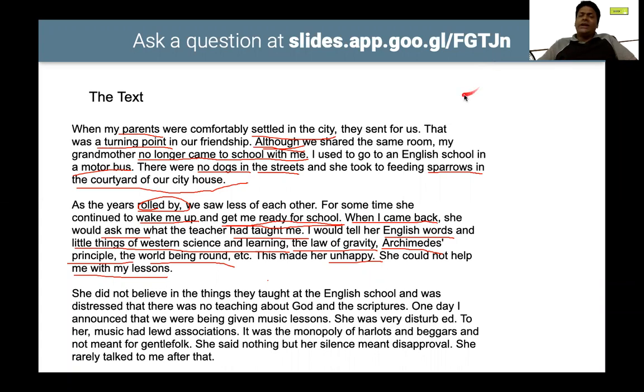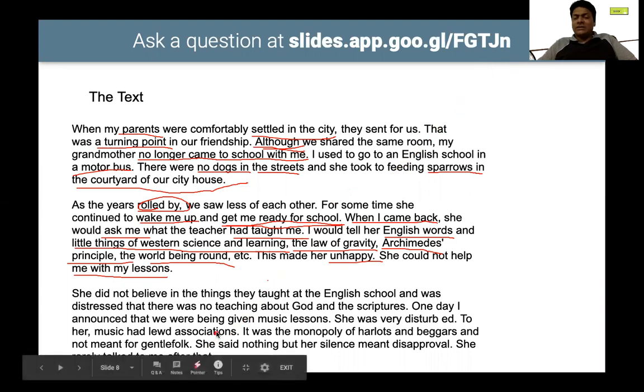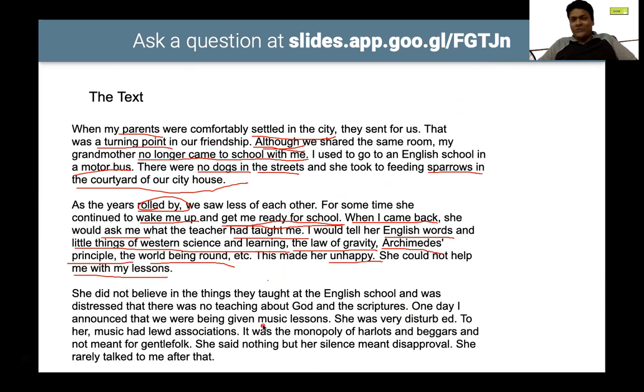So one day he announced that. One day I, the writer, announced that the children of the school were being given music lessons. So in schools, music, paintings, all such kind of things were given.